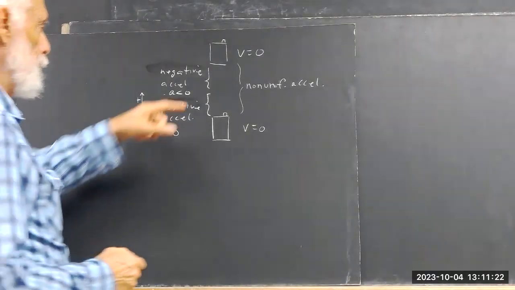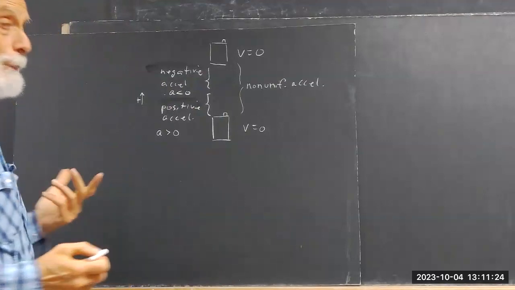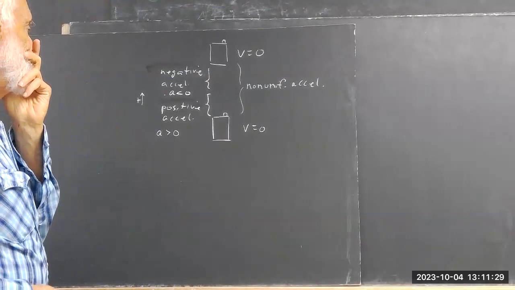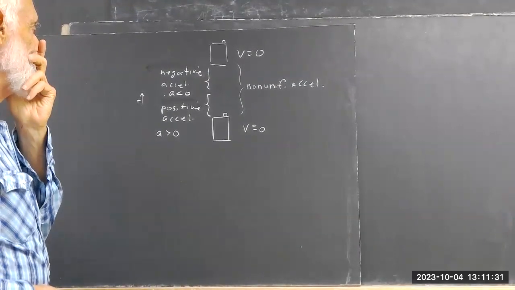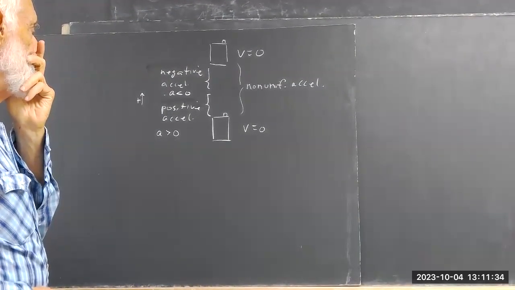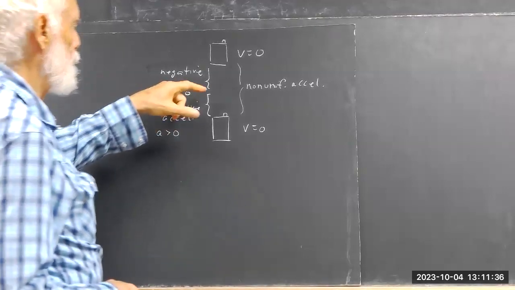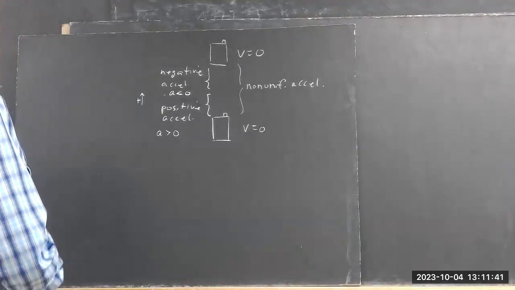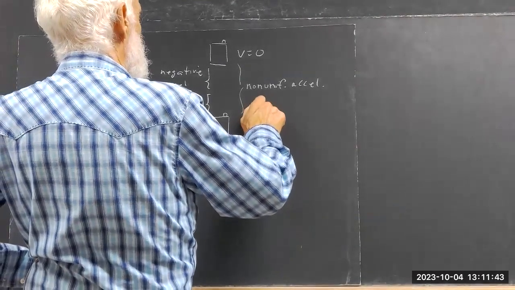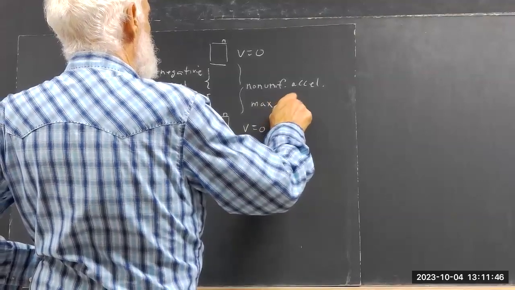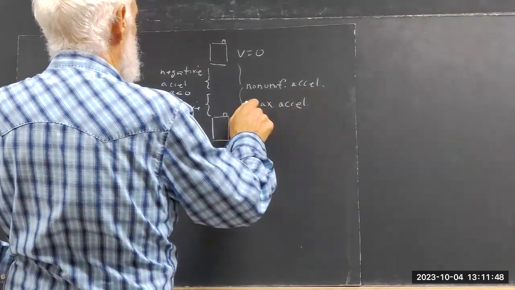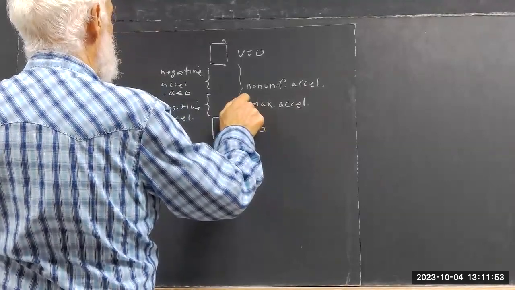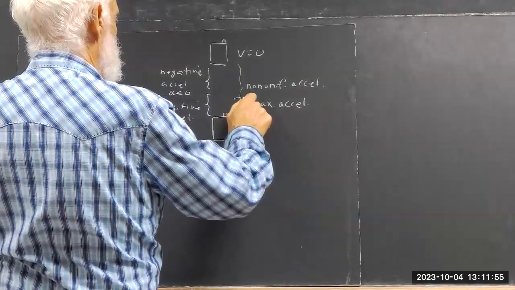The maximum acceleration occurs between positive and negative acceleration. Well, and that's not even necessarily so. Maximum velocity occurs between the positive and negative acceleration. Maximum acceleration occurs somewhere between here and here.